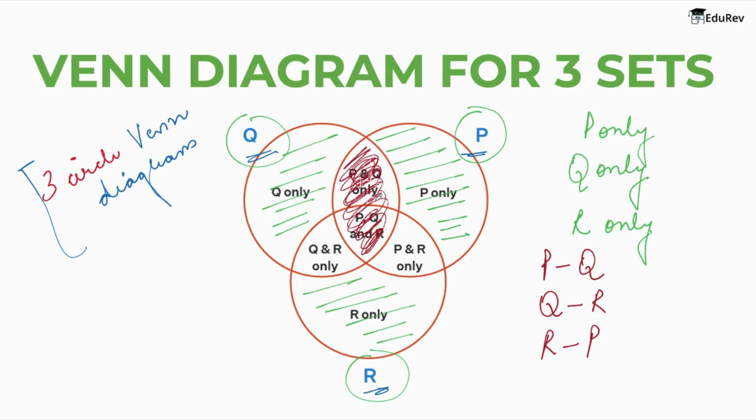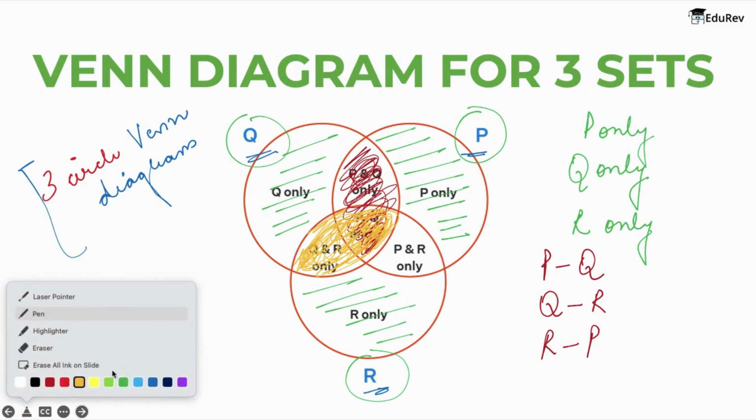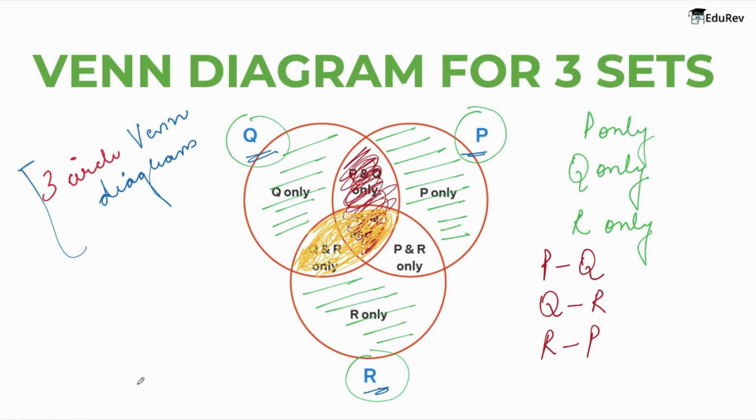This is the area which will be for your P and your Q. Now, if I change my color again, then for your Q and your R, this is the area which will be for your Q and your R. Okay. So I'll just shade it so that you people can see. Next, when I change the color again, let's say we take blue. So for your R and your P, this is going to be the area which is common to both your R and your P.